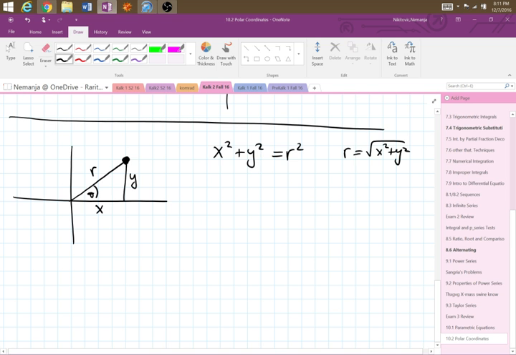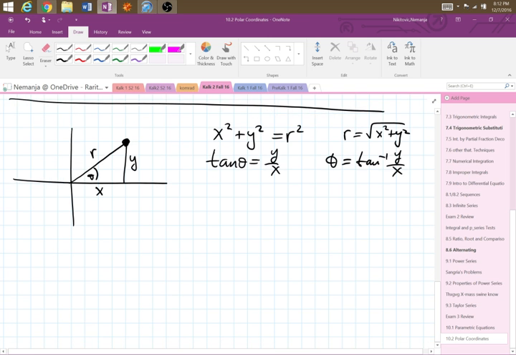Great. Now, how would you calculate theta? Well, that will be the inverse tangent, because tangent theta is y over x, so theta is equal to inverse tangent of y over x. These are the two conversion formulas. I will write them in red.